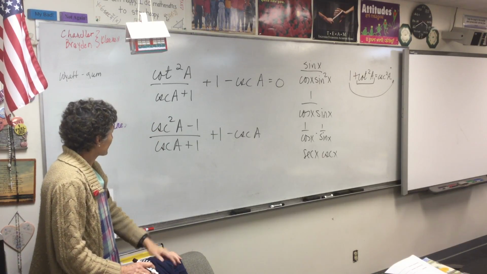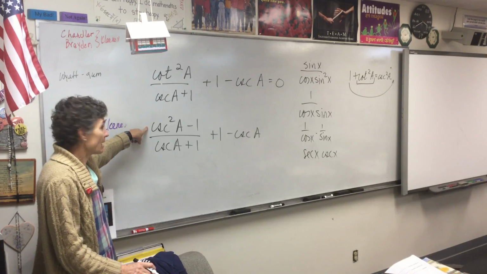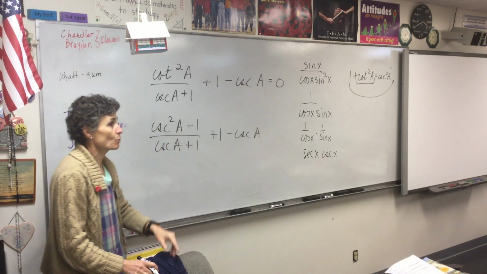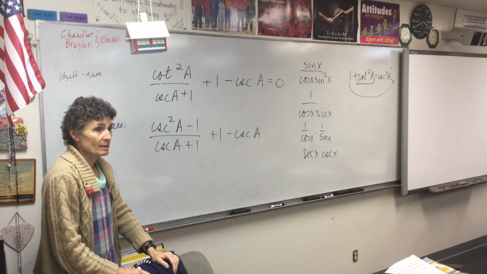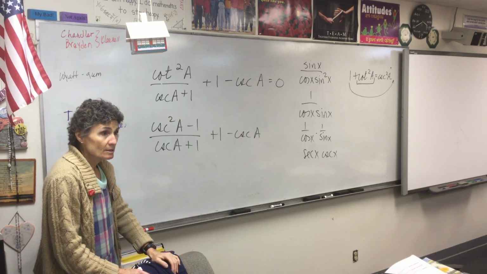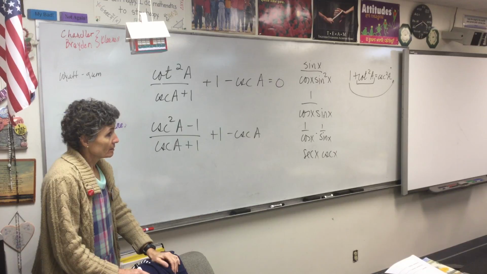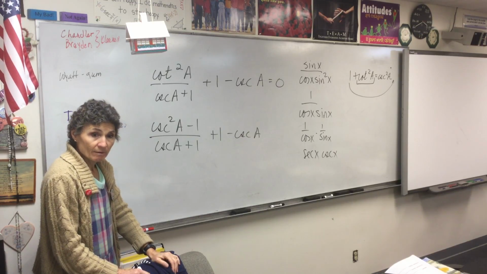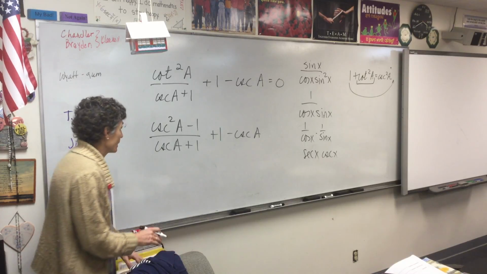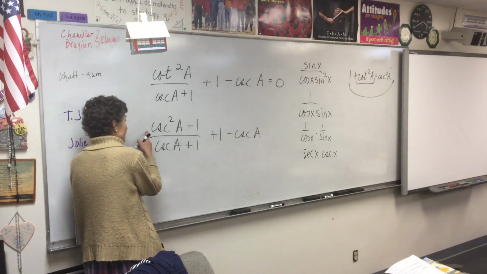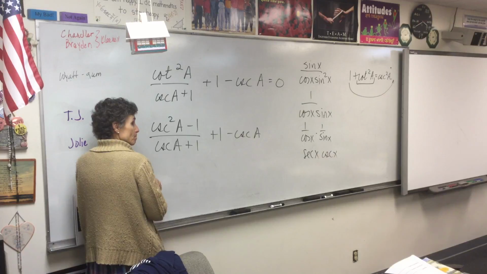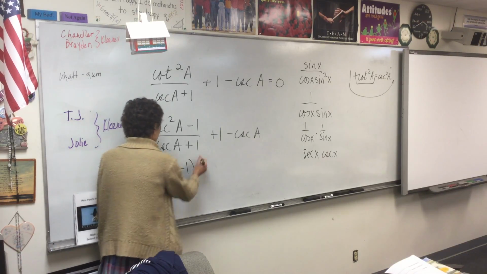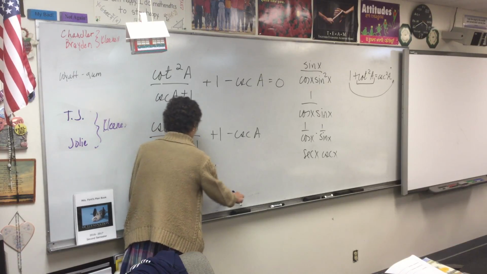All right? Now what about that? Now that I have that written there, tell me about that. What's cosecant squared minus 1? It's called the difference of squares. And what can I do with the difference of squares? Factor them. And how does that difference of squares factor? Cosecant minus 1, cosecant plus 1. Oops.